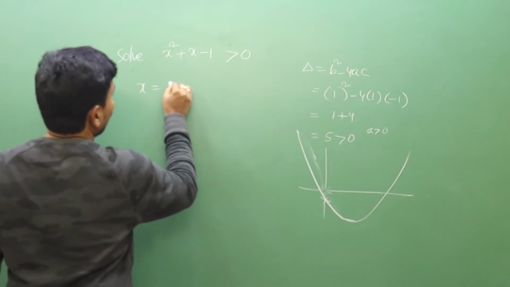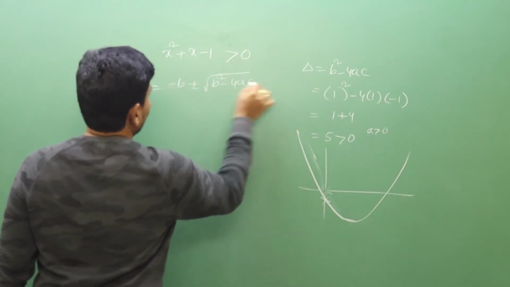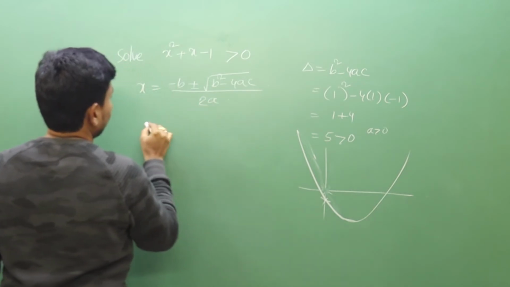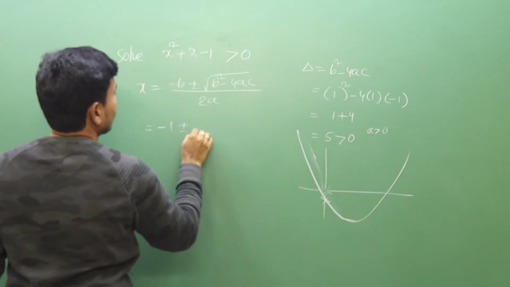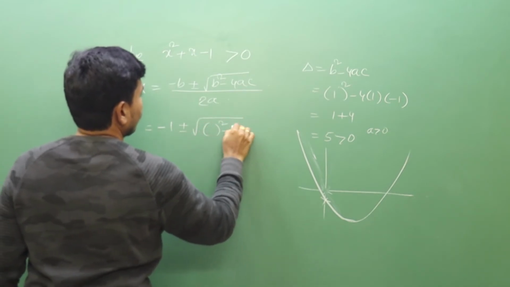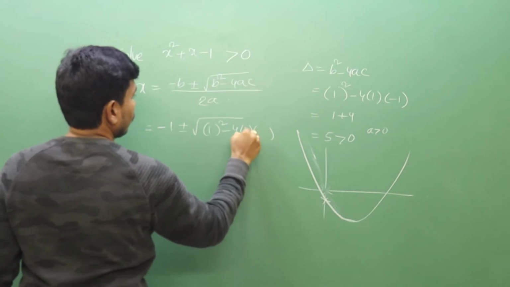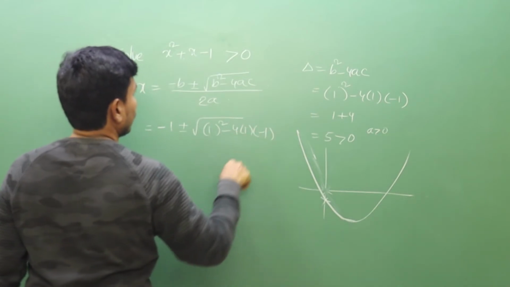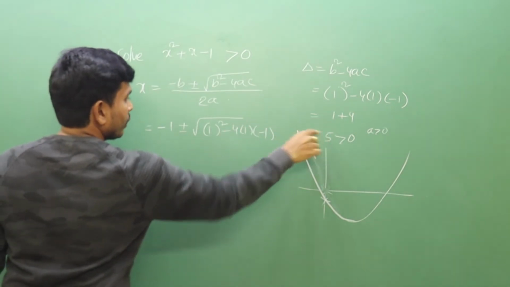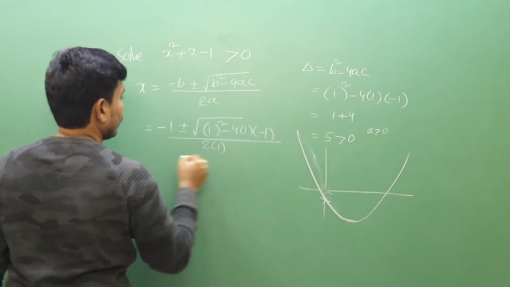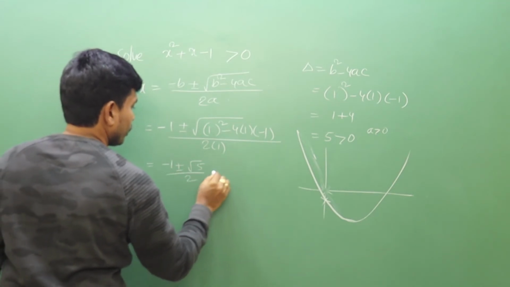Using the formula minus b plus or minus root over b square minus 4ac by 2a: minus b is minus 1, plus or minus root 5, by 2.